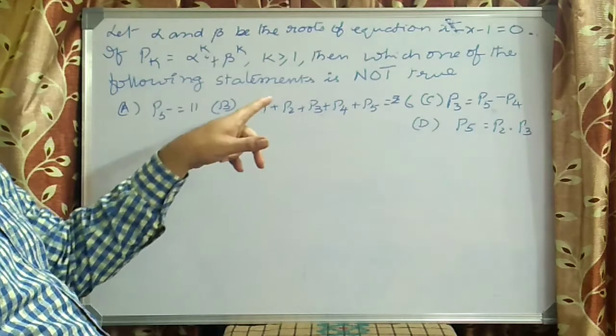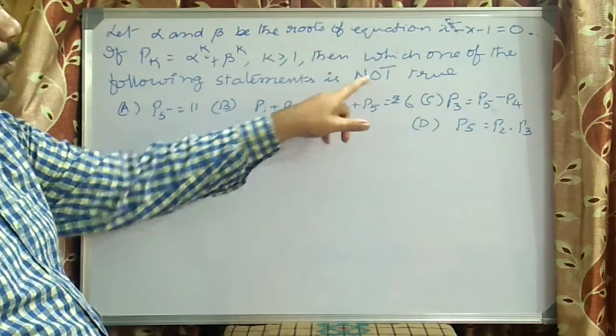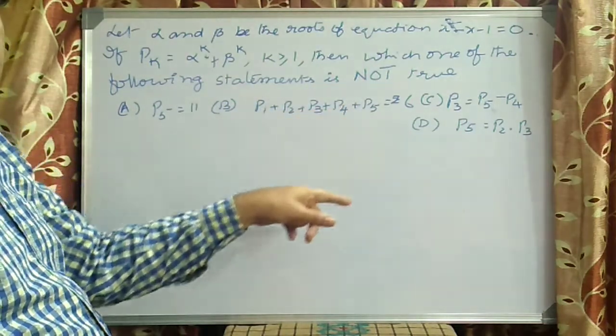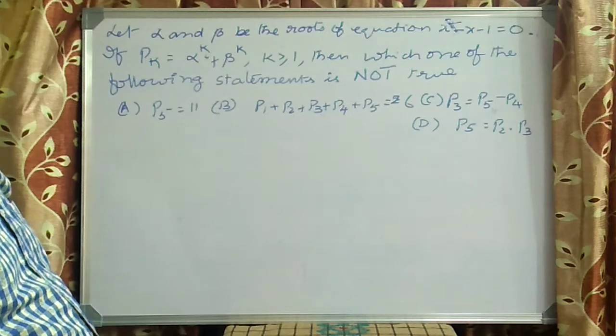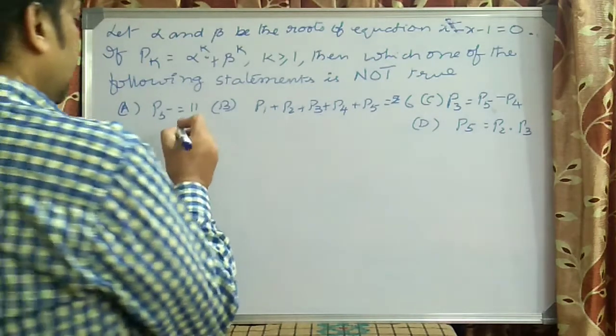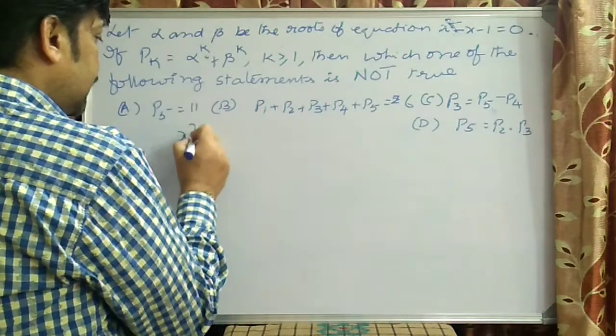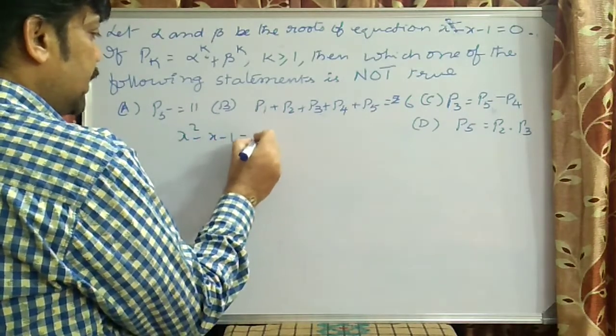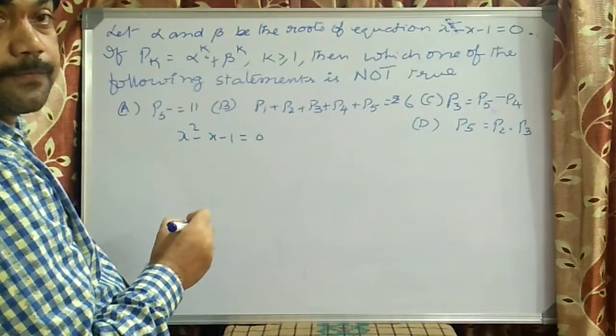Remember my friends, in the question it is asked 'not true'. So one of these four options is a wrong one, so we are supposed to calculate. Let us start the problem. Given equation is x square minus x minus 1 is equal to 0.